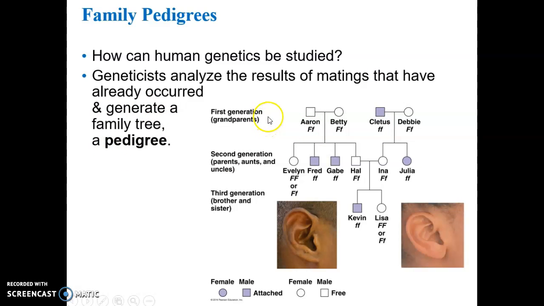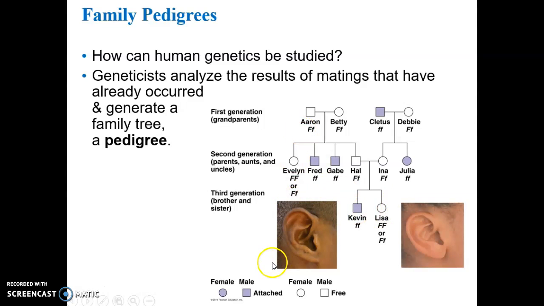For example, the first generation would be established at any point in time, but if you have genetic information on your grandparents, you can consider them the first generation. And then look at the second generation, could be parents, uncles, and aunts. And then the third generation would be where you are, okay?